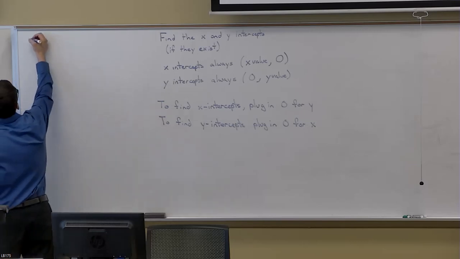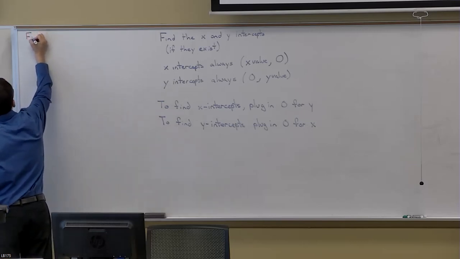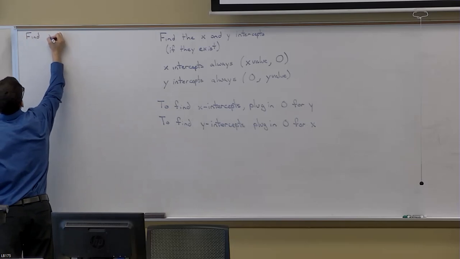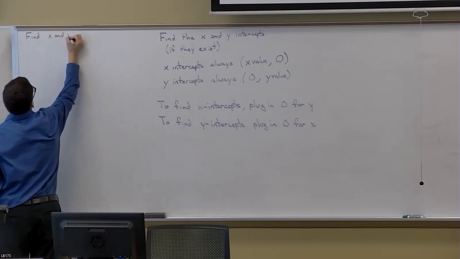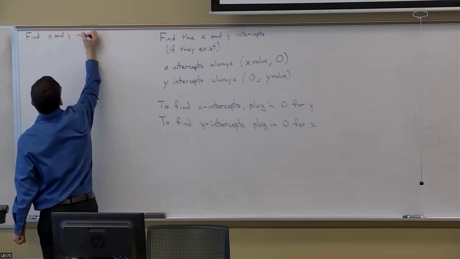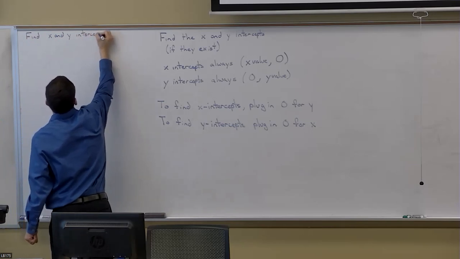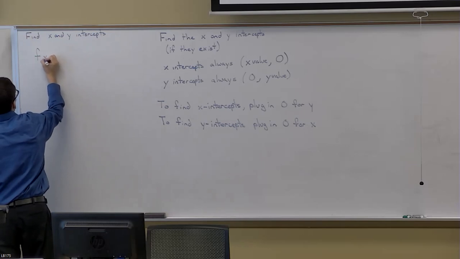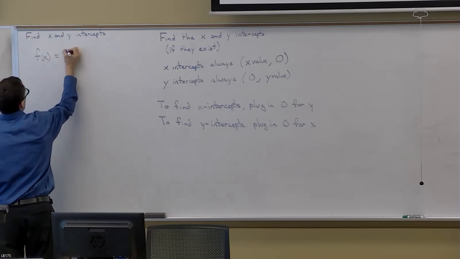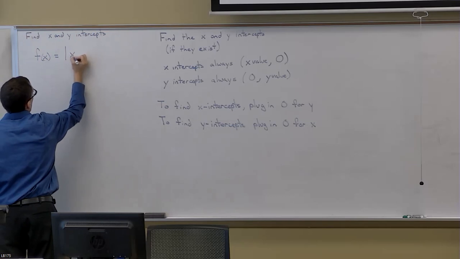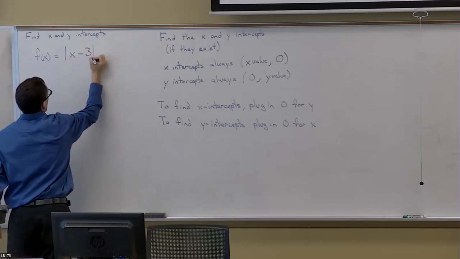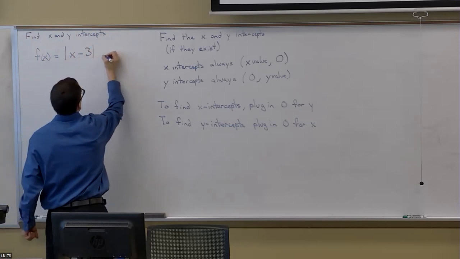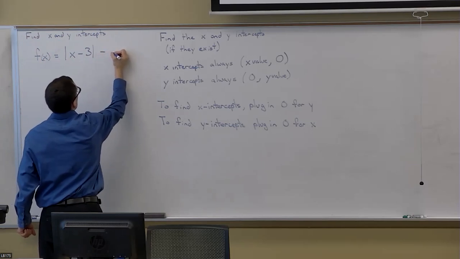So let's find, if they exist, the x and y intercepts for the following absolute value function. f of x is equal to the absolute value of x minus 3, minus 4.